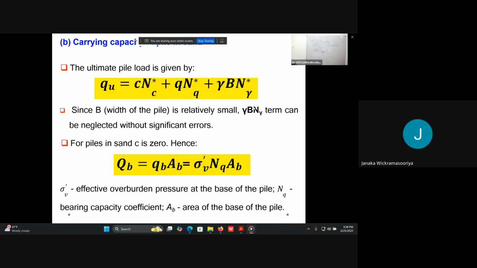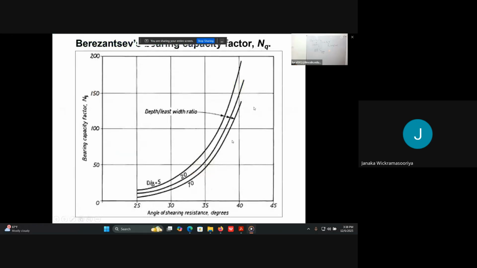Or else, this is the basic equation that we have discussed. So using this, Nq star can be found using this graph. And in the exam we don't know whether it will be given. So this kind of a question will not be there.